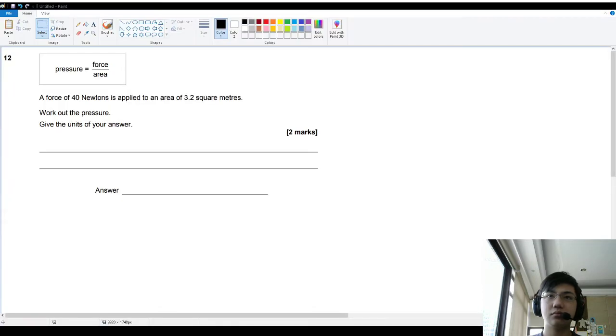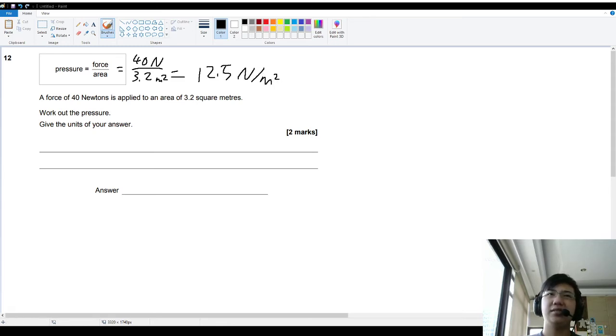So we can simply use this formula to figure out that the pressure is 14 newtons over 3.2 square meters. Putting that into your calculator gives you 12.5 newtons per meter squared.